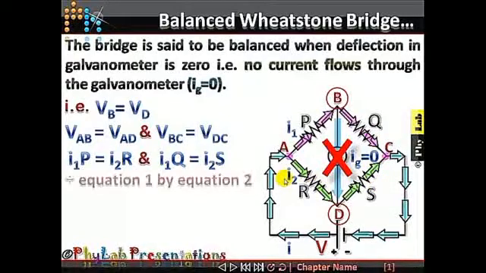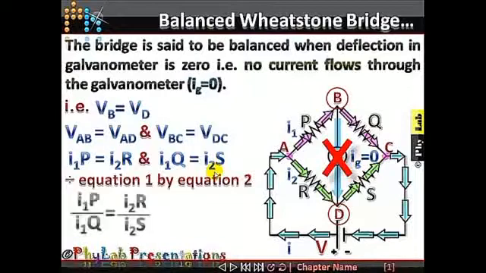So I1P equals I2R, this is equation number 1, and I1Q equals I2S is equation 2. Just dividing these two equations, I1 goes off, I2 goes off, giving me the balanced condition, which is P upon Q equals R upon S.